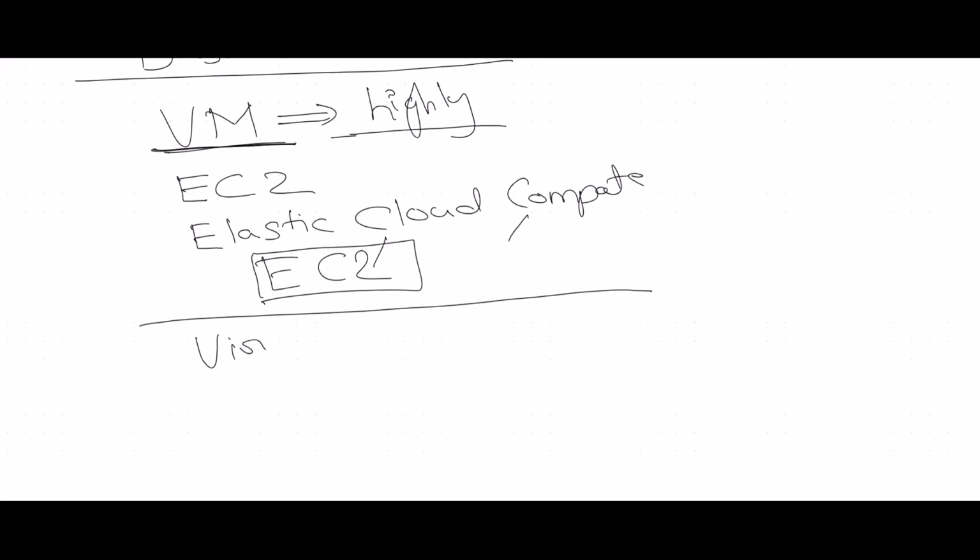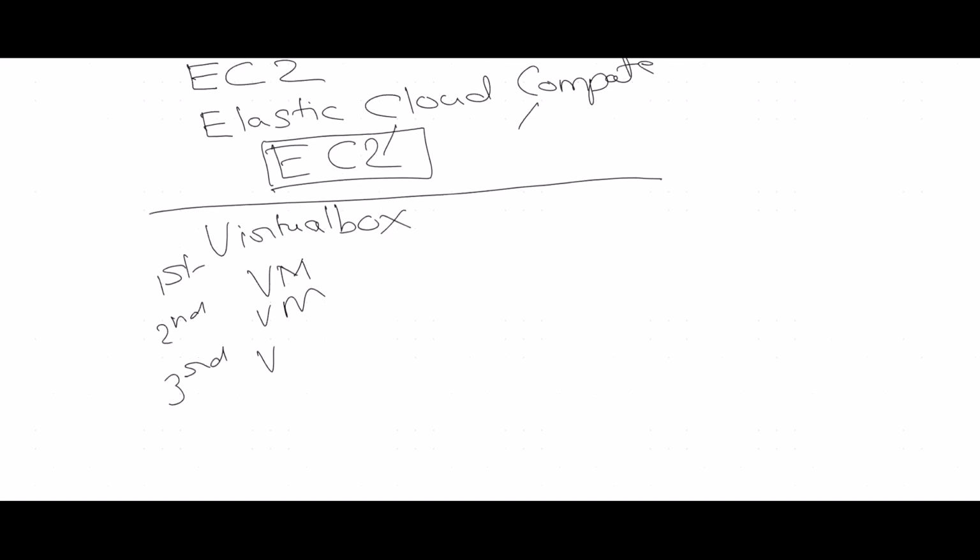We could bring up one VM, first, second, and more. Yes or no? Yes, sir. So in AWS, this becomes first EC2. This is another EC2. This is a third EC2. Instances.